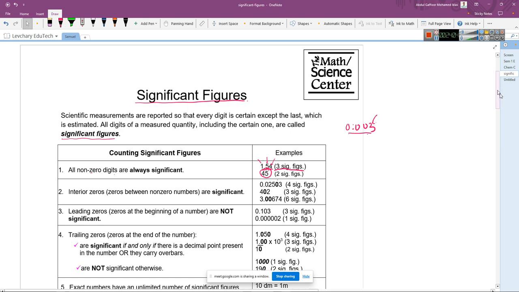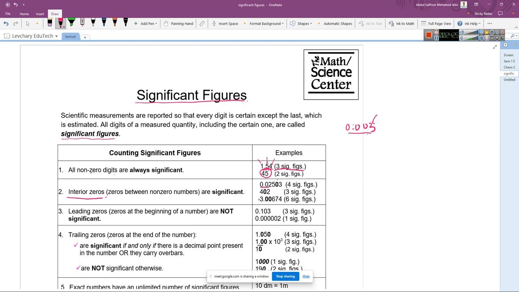And the second rule is interior zeros, right? Interior zeros mean the zeros between 2 non-zero digits. For example, these are called leading zeros, right? Leading zeros mean the zeros at the beginning of a number.